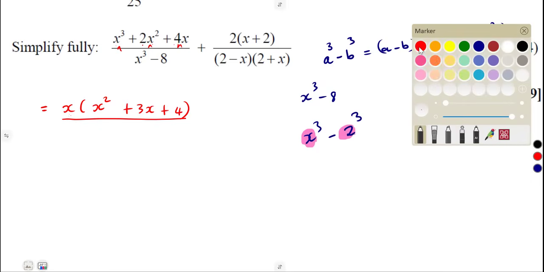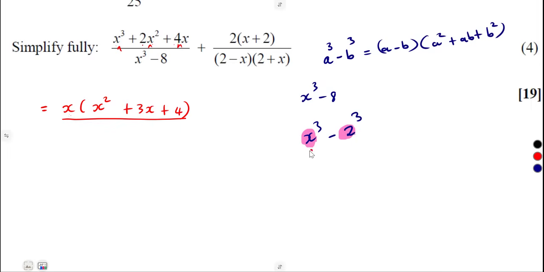As we can see, if this is A and this is B, we are going to have A minus B, which is x minus 2, into A squared. Our A is x, so it's going to be x squared, plus AB.